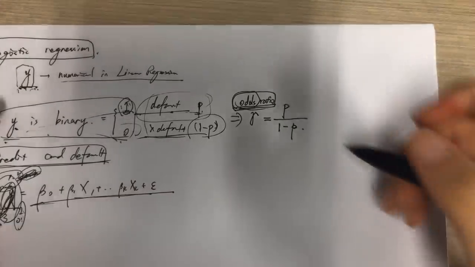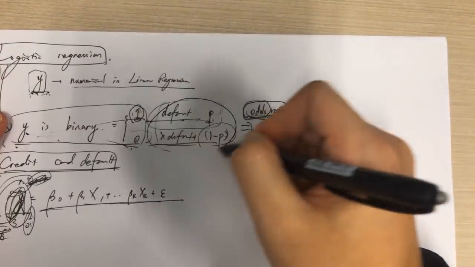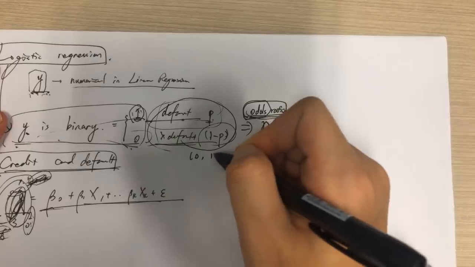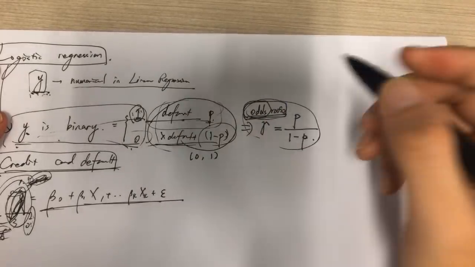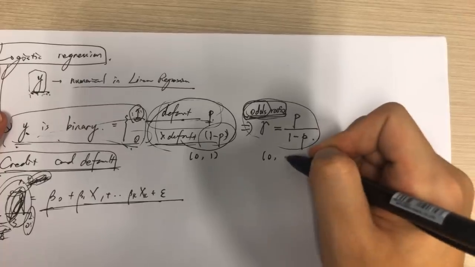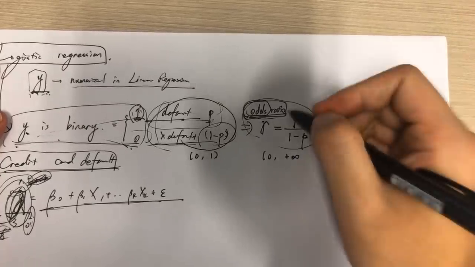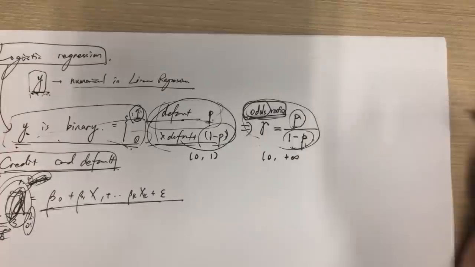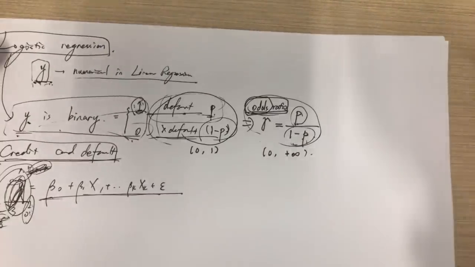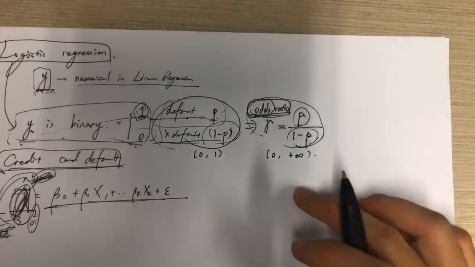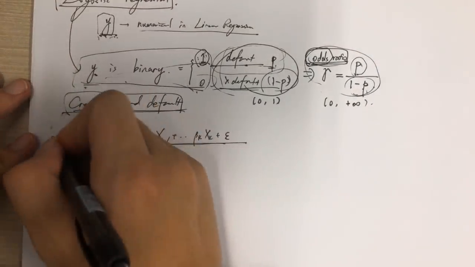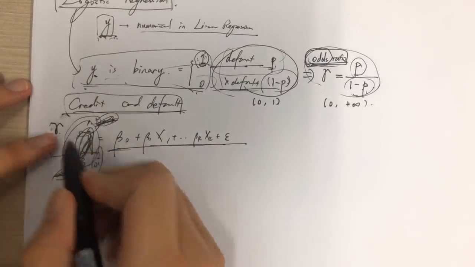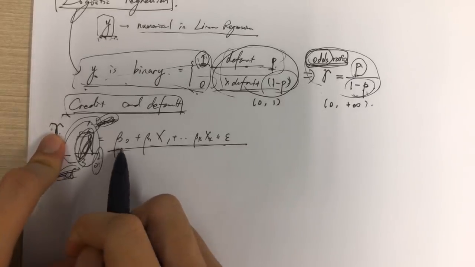In that way, the probability ranges from 0 to 1, and this becomes a range from 0 to positive infinity, because when this is 1, this is 0. So 1 divided by 0 is infinity. However, it's still problematic.